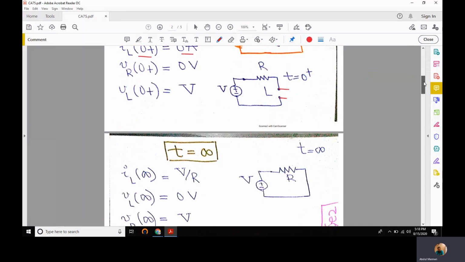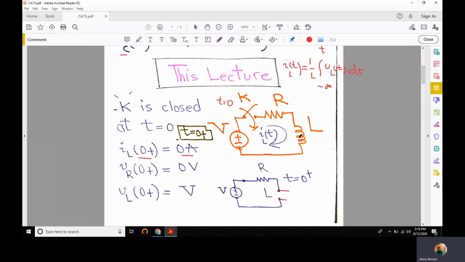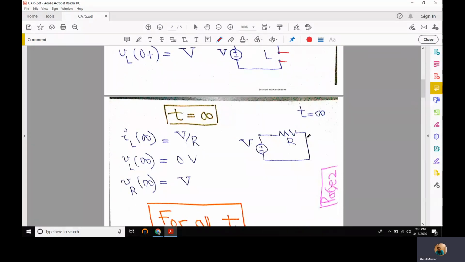What happens at time t equal to infinity? The current through this inductor is initially 0, but then it starts building up, and finally the inductor is short circuited as time approaches infinity. So this is the inductor replaced with a short circuit. What is the current then at time t equal to infinity? V over R, because it is short circuited.